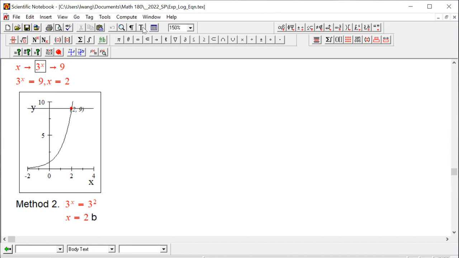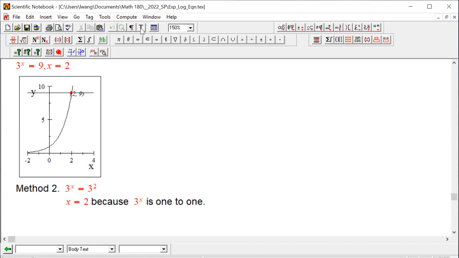And this reason I like to mention, because 3 to the power of x is 1-to-1. Why is this reason so important?